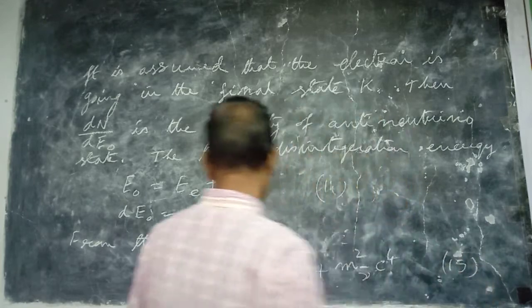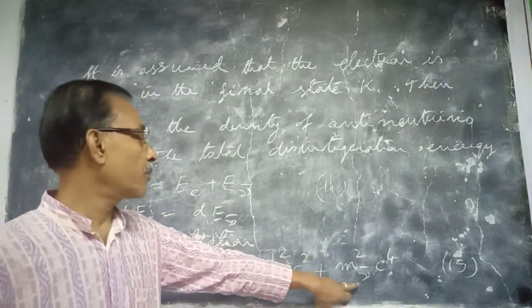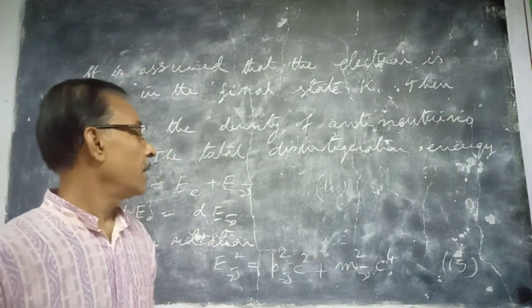That is, E nu bar square is equal to P nu bar square C square plus m nu bar square C to the power 4. This m nu bar is the rest mass of the antineutrino.